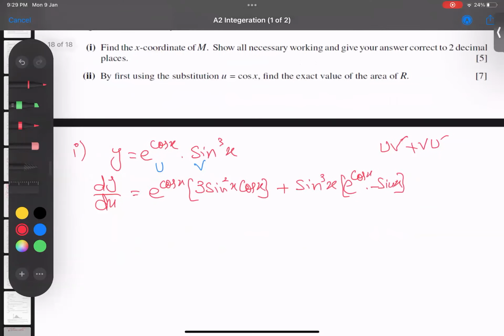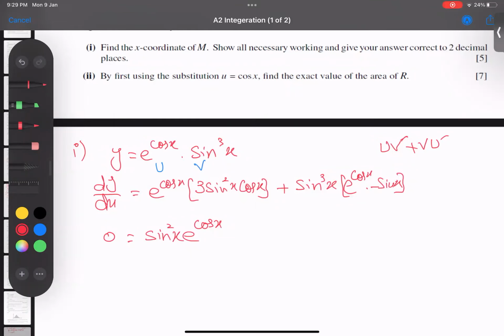And now I'm taking the derivative. And you can see e to power cos x is common throughout. If you take e to power cos x common, here sine cube, here sine 4, and out of sine 4, sine square is common. So I can say sine square is common from here.